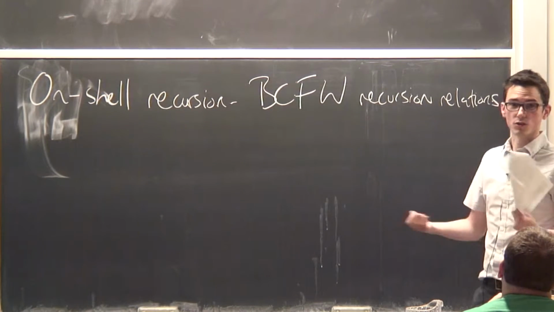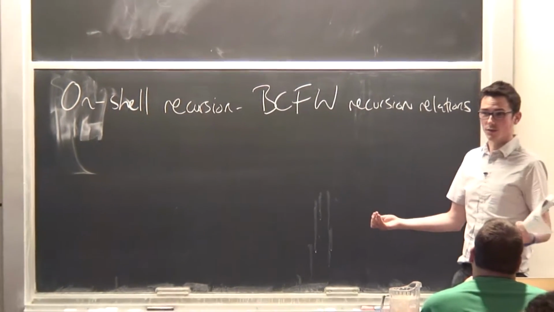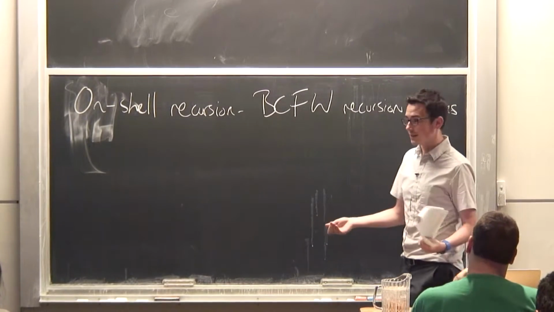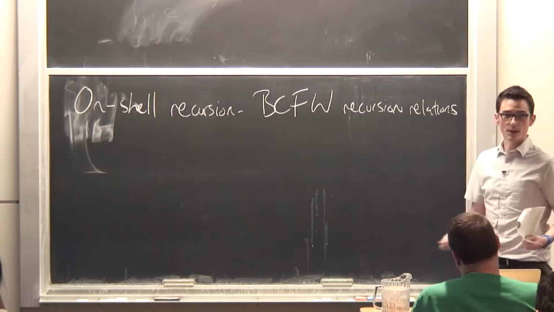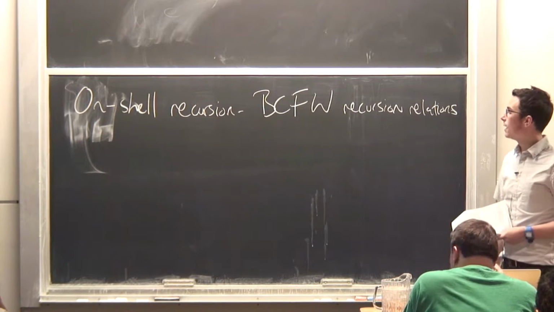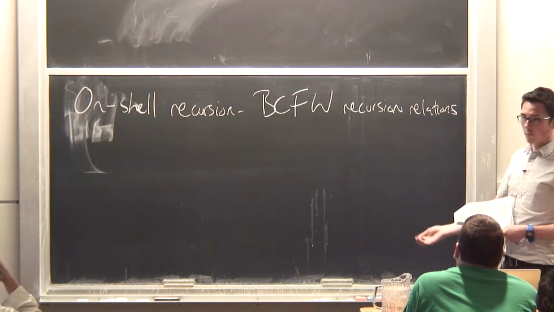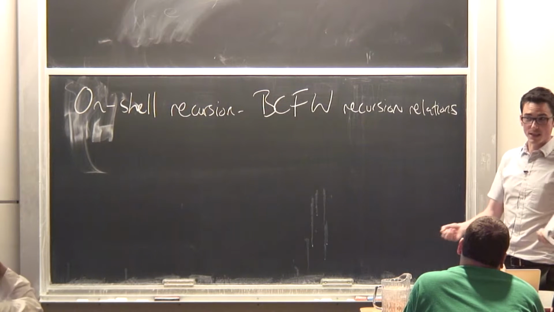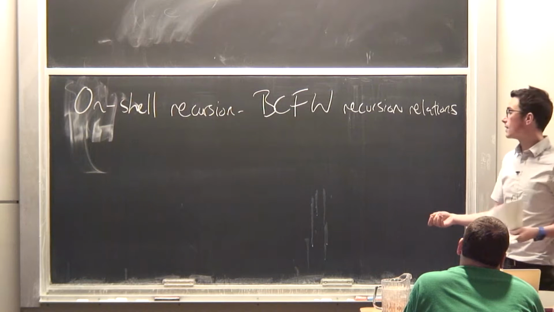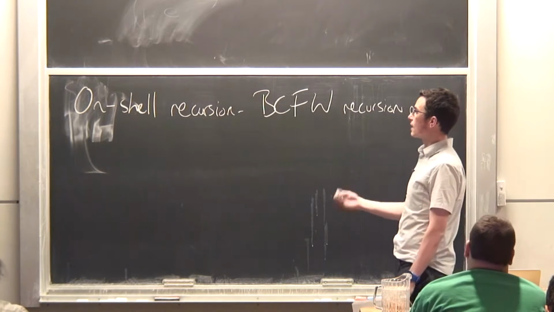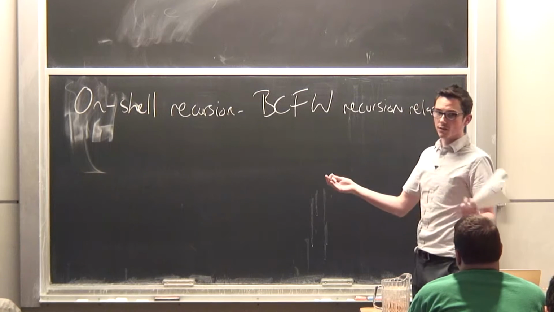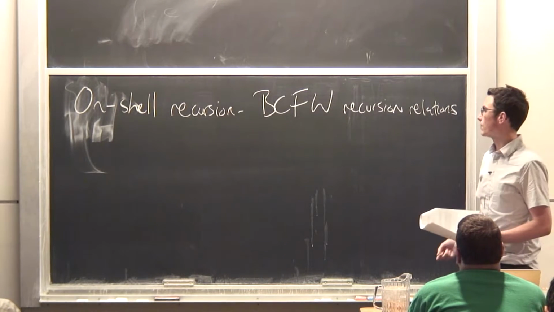What's amazing is that this was done not that long ago. This is just tree level. You think there's nothing interesting left to learn about tree level in field theory; we've known it for donkey's years. But this discovery was 2005 or 2006, and it completely revolutionized our understanding of both tree and loop level, because it allowed us to understand gauge theory in a way we didn't before, and when applied to a whole bunch of different theories, not just the standard model, it led to a lot of interesting results.